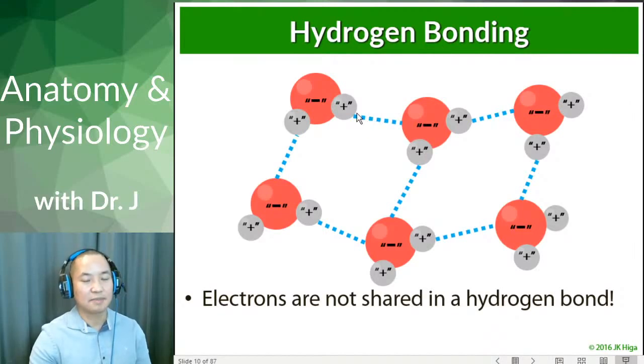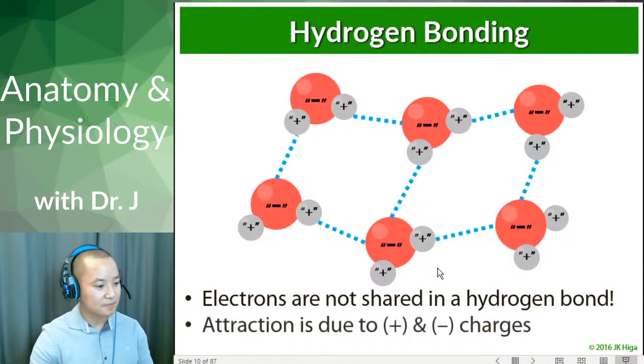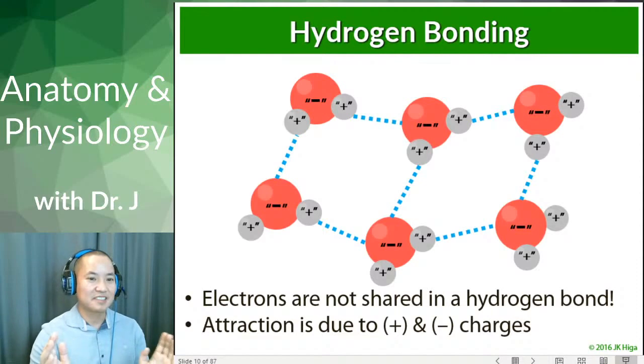It's just due to the slight positive charge, in this case on hydrogen in water, and the slight negative charge on oxygen in water. So again, these do not share electrons, but electrons are the underlying cause. It's due to the slight positive and slight negative charges. And again, don't carry over that parentheses positive and negative.